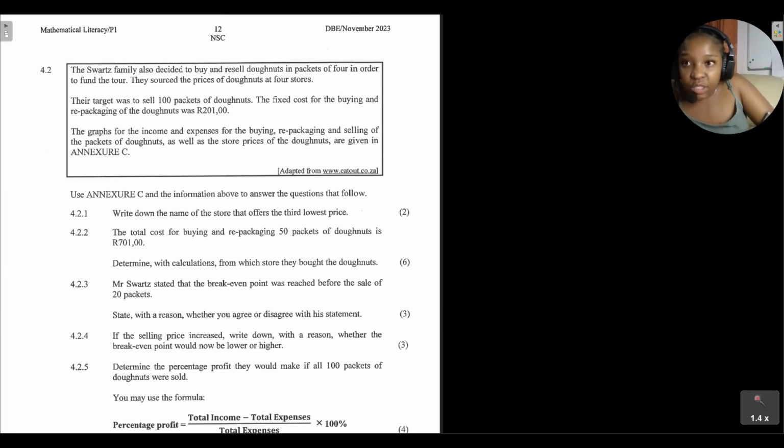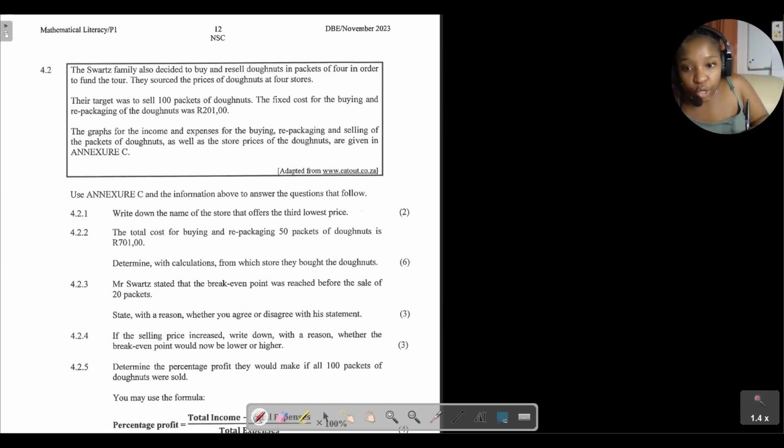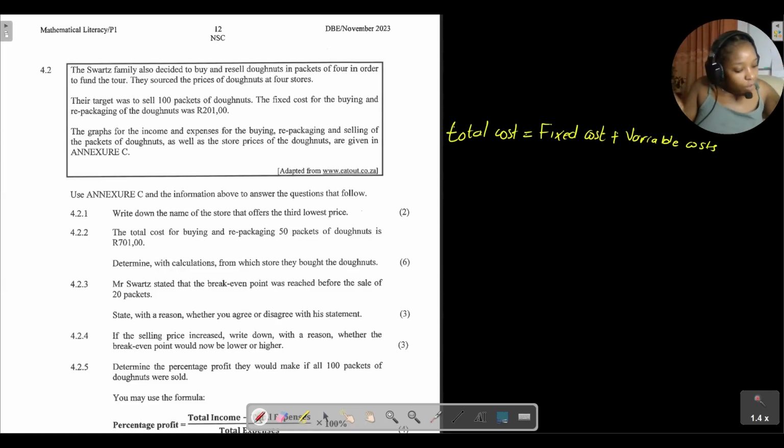I'm just going to write these formulas here because we are going to refer to them as we go through these questions. If you want to calculate the total cost that a business has, you say total costs is equal to the fixed costs plus variable costs. That is how we calculate the total cost of a business.